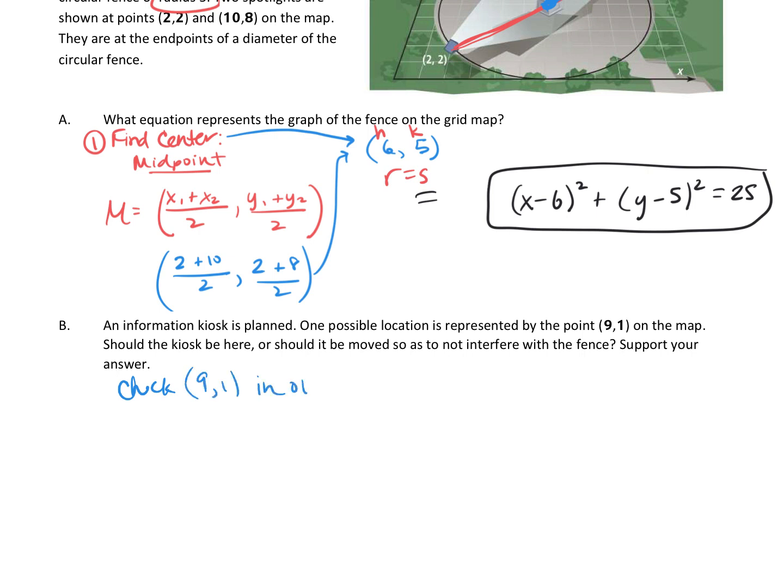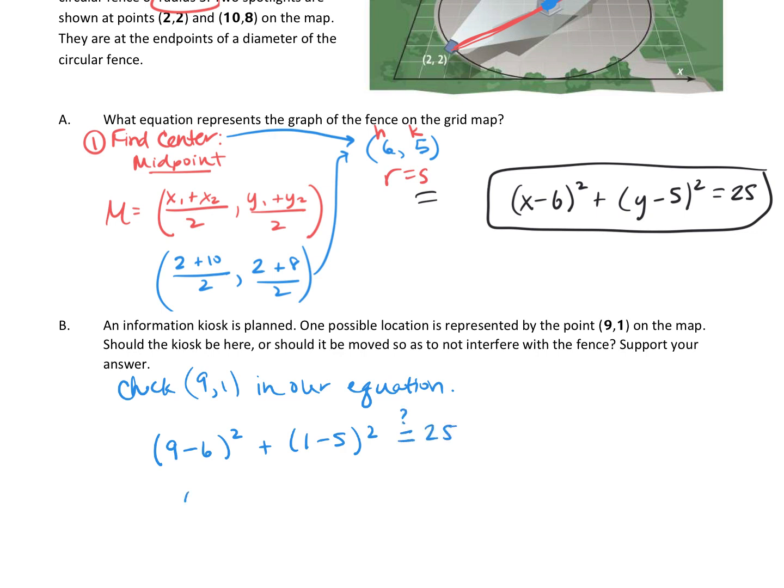So what we can do is we can check the point (9, 1) in our equation and see how it works out. So we're going to plug in the x and the y. Our equation is (x minus 6) squared. We're going to plug in the 9 for x. So (9 minus 6) squared plus the y is a 1, so (1 minus 5) squared. We want to know, does that equal 25?